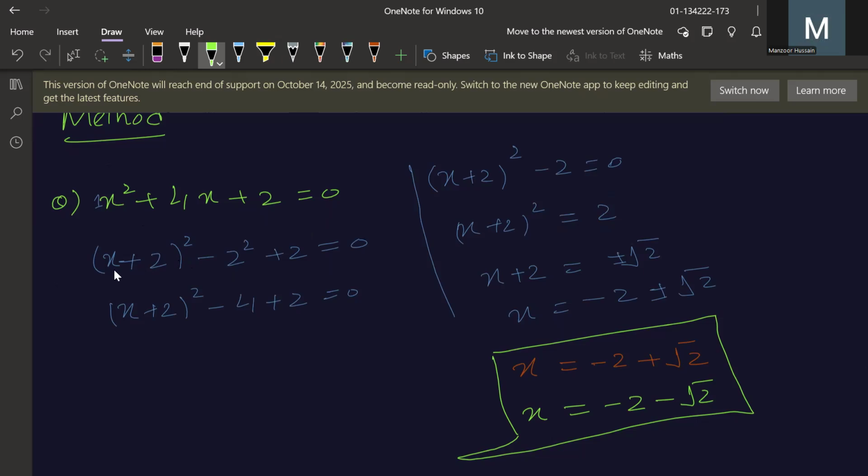We will write the variable, put the sign of the middle term and half the number in front of x, then put the square and minus the square of the number, plus 2 is equal to 0, and the rest is simple steps. I hope it's clear.